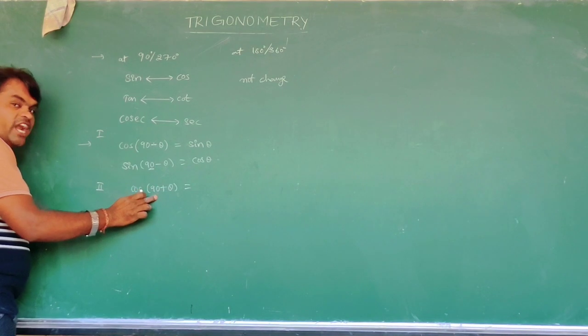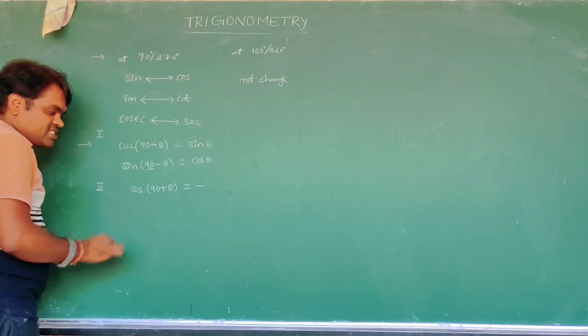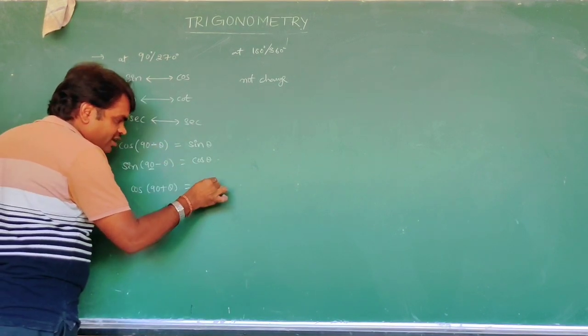In the second quadrant, cos is negative, minus. Since 90 is there, the function is changed to sin theta.